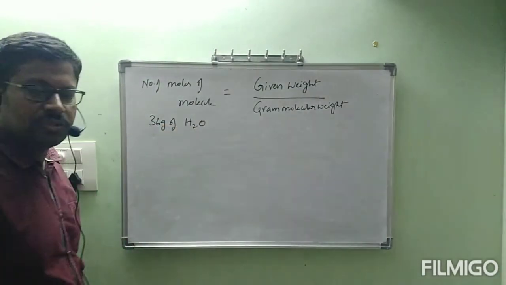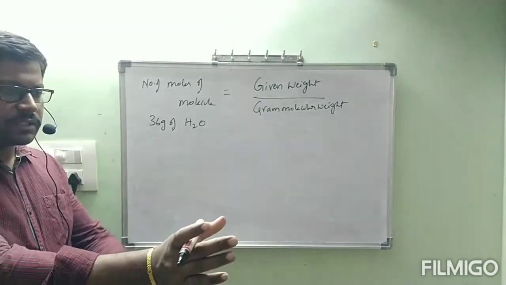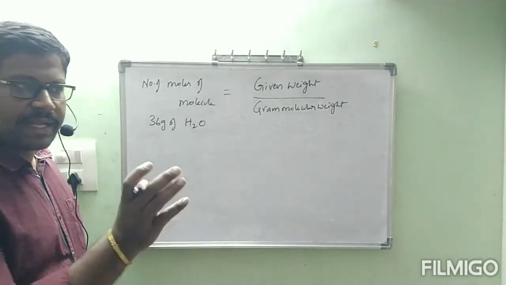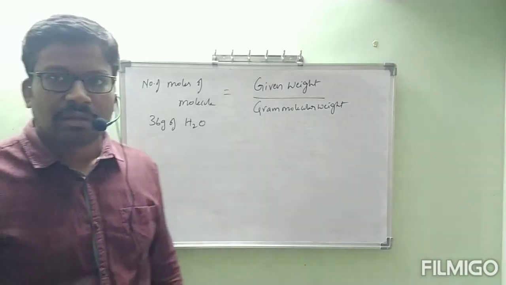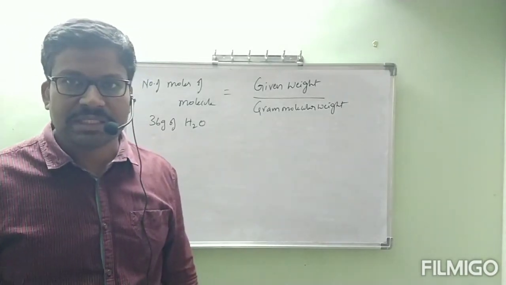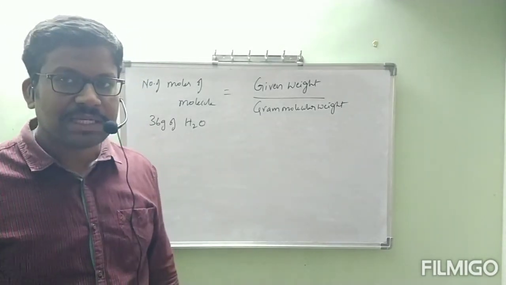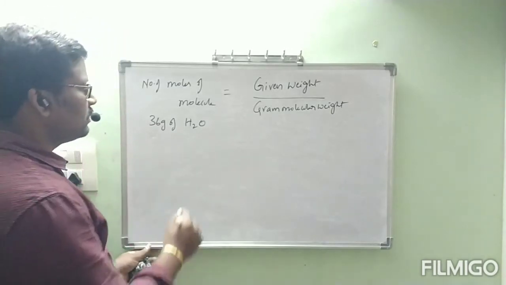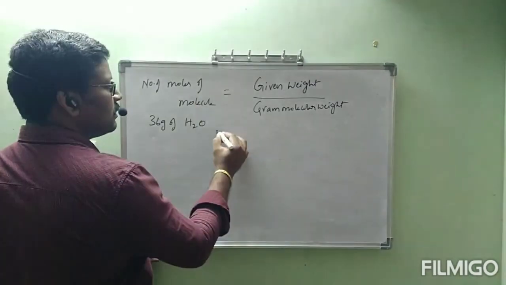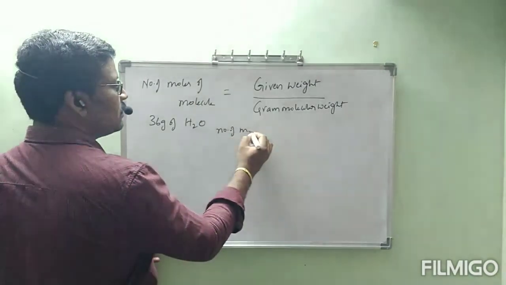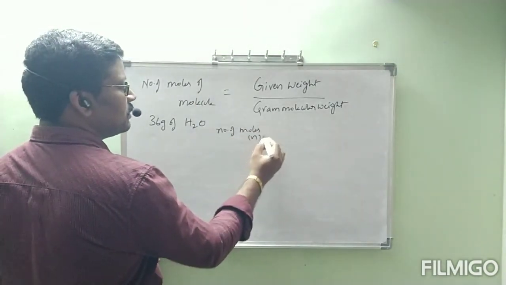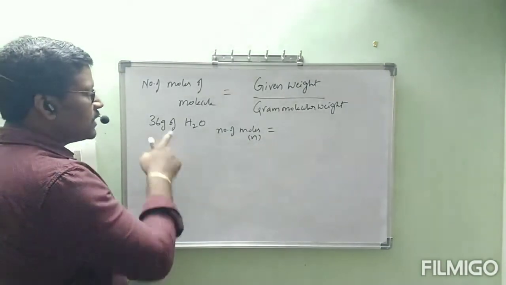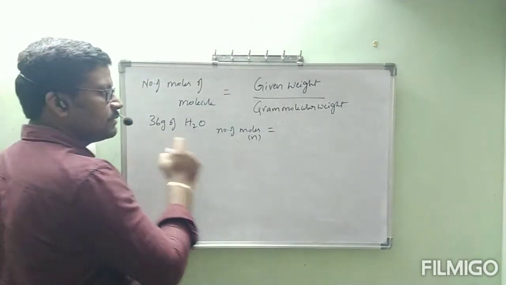36 grams of H2O. We took one small beaker of water and kept it on a weighing machine. That weighing machine shows a reading of 36 grams. Meaning, 36 grams of water contains how many particles? Let us see. What is the formula? Number of moles, same n, is equal to the given weight, 36 grams.